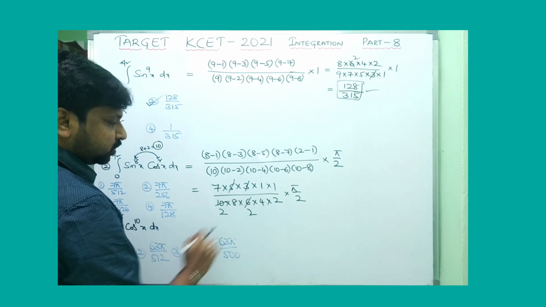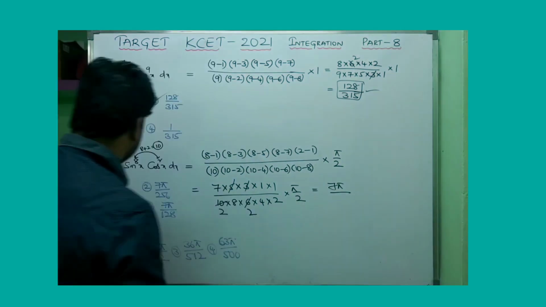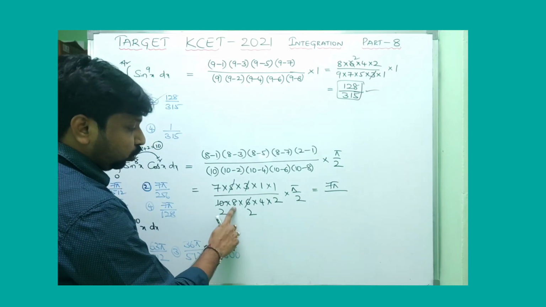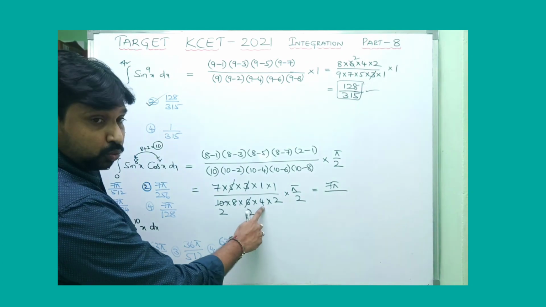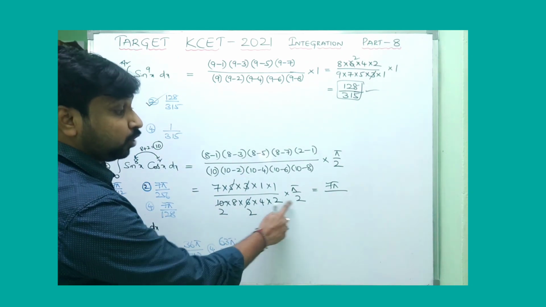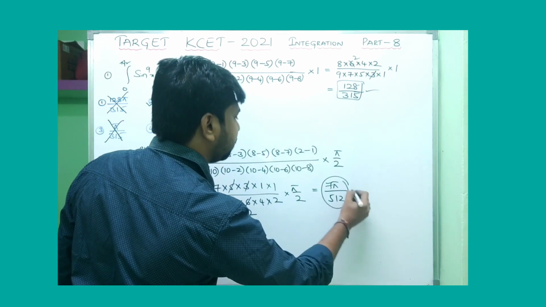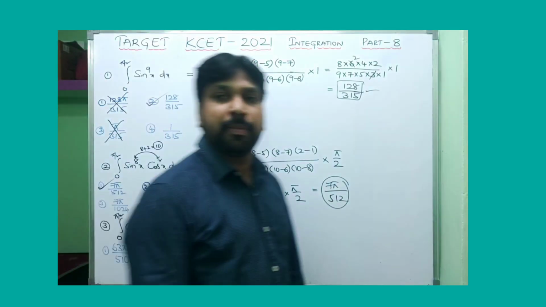Then there is no cancellation with 7, so 7 pi is remaining in the numerator. Check it, 7 pi everywhere. Multiplying the denominator, we get 2 cube into 2, 2 power 4, 2 power 5, 2 power 5 into 2 square, 2 power 7, 2 power 8, 2 power 9. So 7 pi by 512 is the answer, which means the first option is the correct answer, 7 pi by 512.